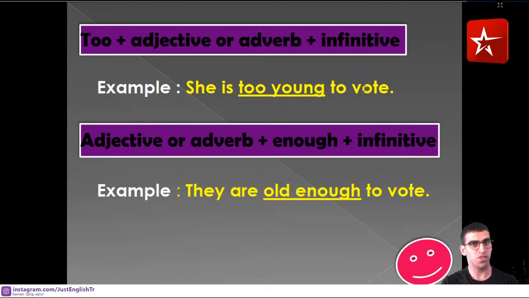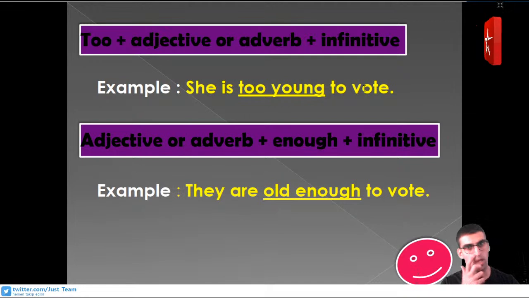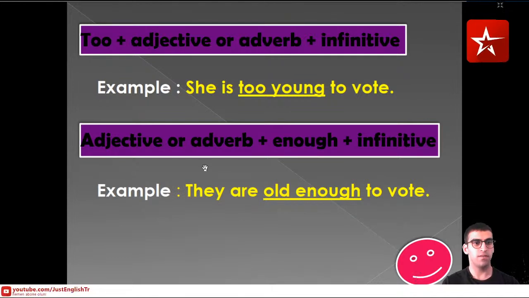So after too, young is an adjective. After too plus an adjective, we can use infinitive. They are old enough to what? So old is an adjective and we use enough. As you see, adjective or adverb plus enough plus infinitive we are using. Great.